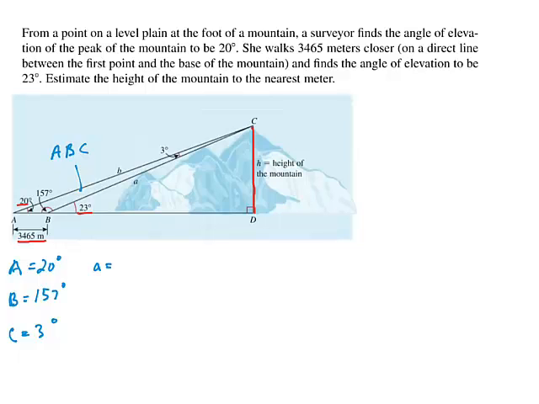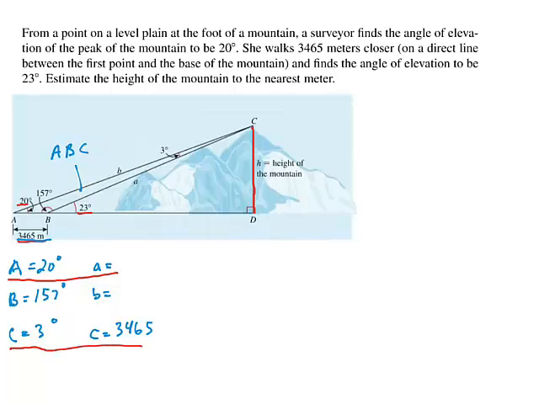We don't know side A, we don't know side B, but this down here, that's 3,465 meters, that is side C, so 3,465. So we want to find side A here.